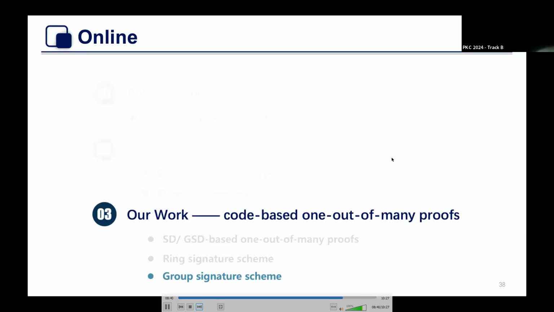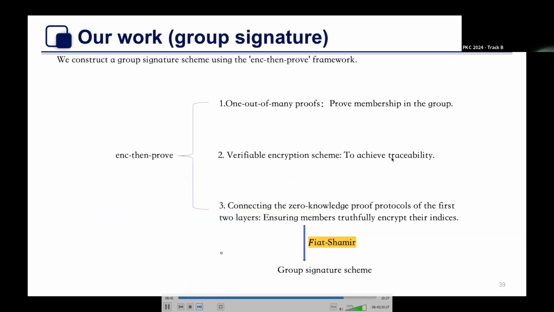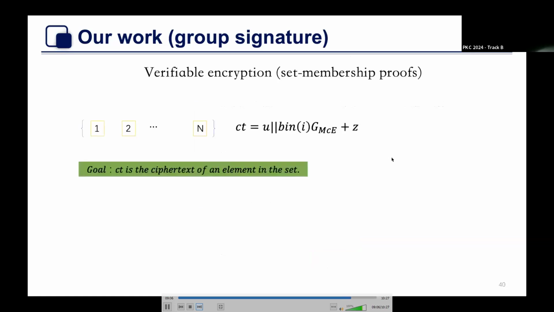The framework consists of 3 layers: one-out-of-many proof for membership proofs, a verifiable encryption scheme for traceability, and a ZKP protocol that links the first 2 layers and ensures that the member honestly encrypted its own identity.